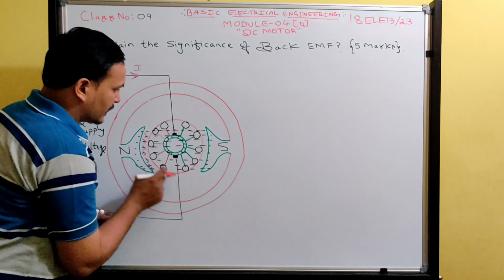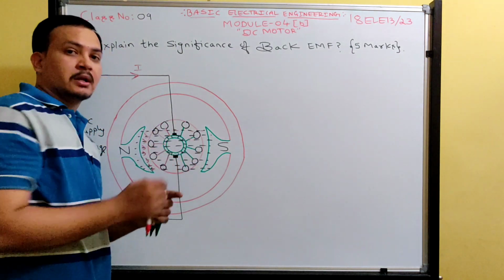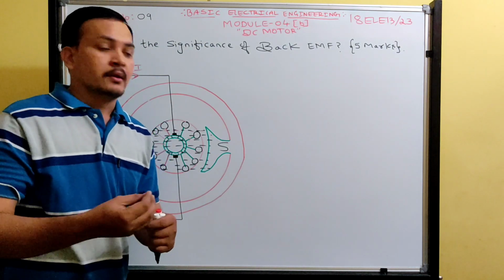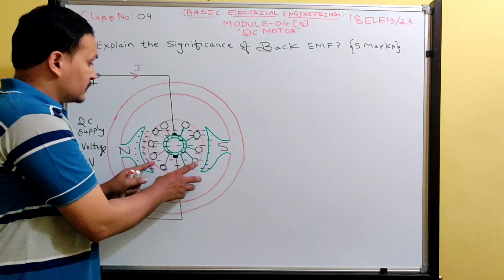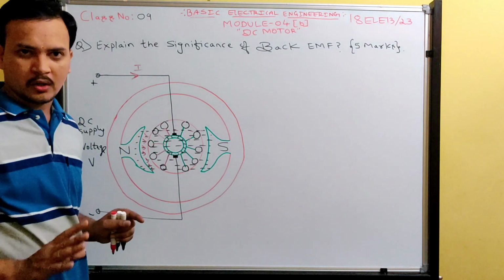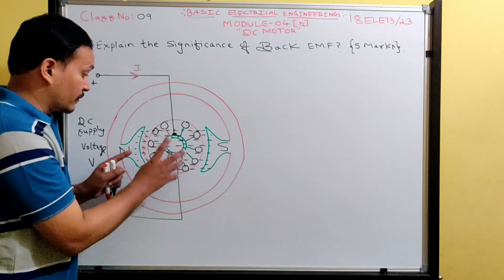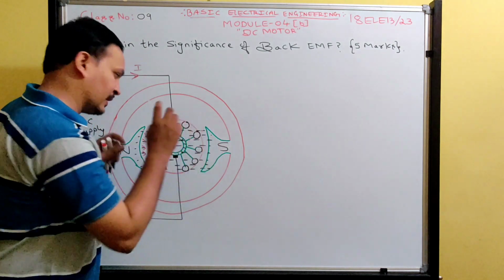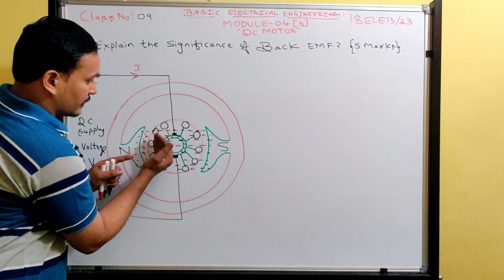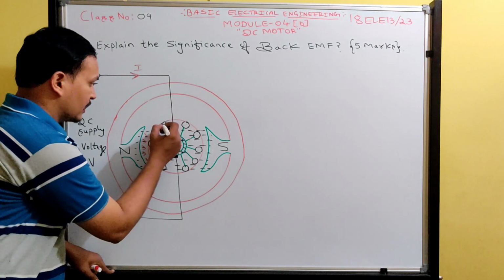So whenever the current flows through the conductor, then what happens? This armature conductor is going to create its own magnetic field. Now what I have done is I have placed the current carrying conductor in this magnetic field. Okay, got it? So now, on the left of the conductors and right of the conductors, the left of the segments will become dot.